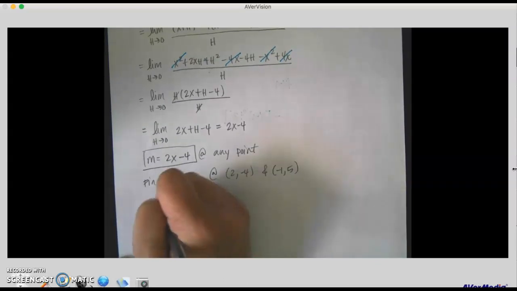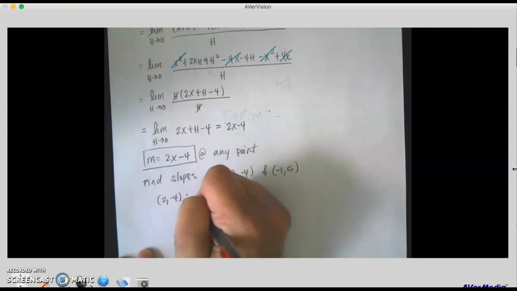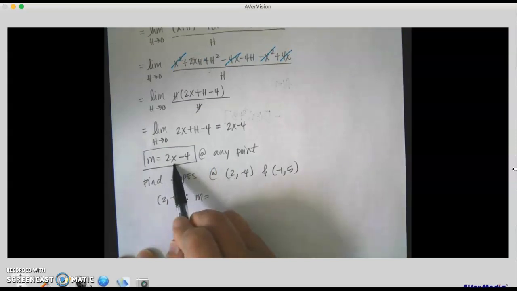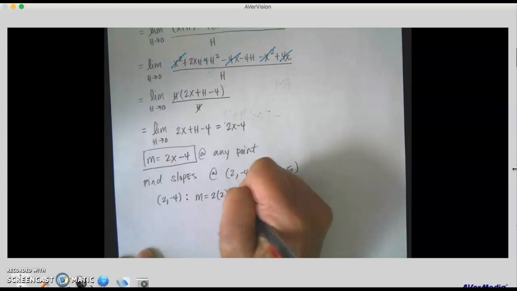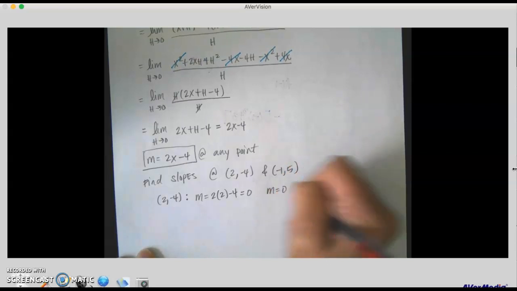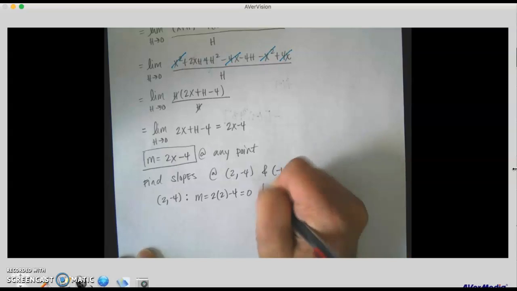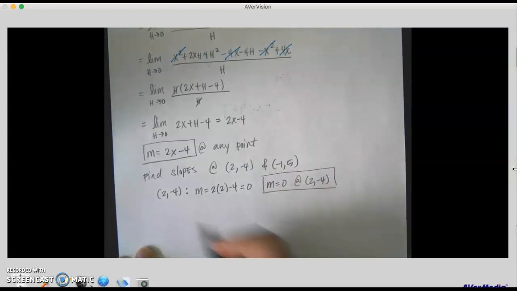So for the 2, -4, because my x value is a 2, that's what we're going to be plugging in to get what our slope is. Because this is a general formula to find our slope for that equation. So my slope there is 0. So we'll say my slope is 0 at the point 2, -4. So that means there's a horizontal line at that point.